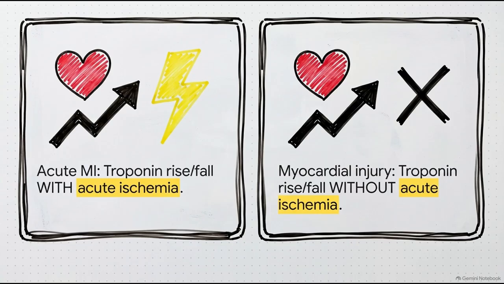Think of conditions like acute heart failure or myocarditis. And finally, if the troponin is elevated but remains stable without rising or falling, well, that points to chronic myocardial injury, such as in patients with chronic kidney disease or structural heart disease. Understanding this dynamic is a total game changer. It prevents massive coding errors.